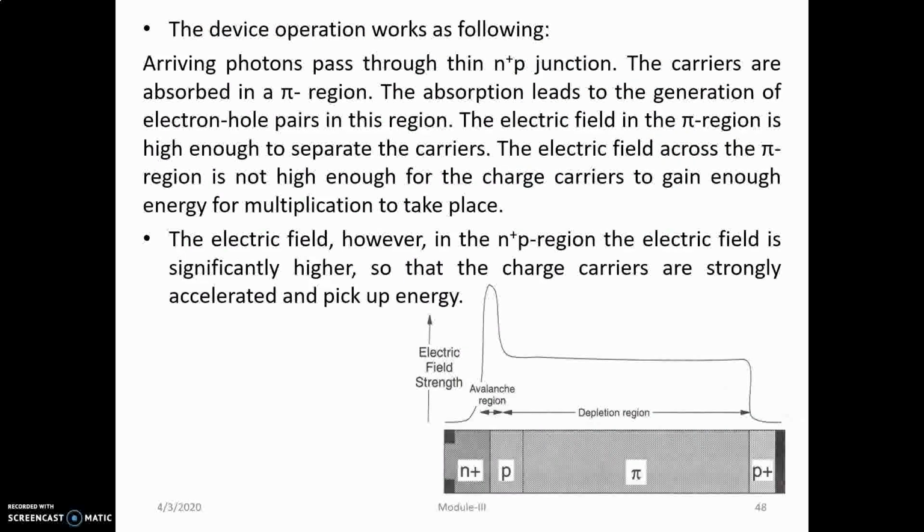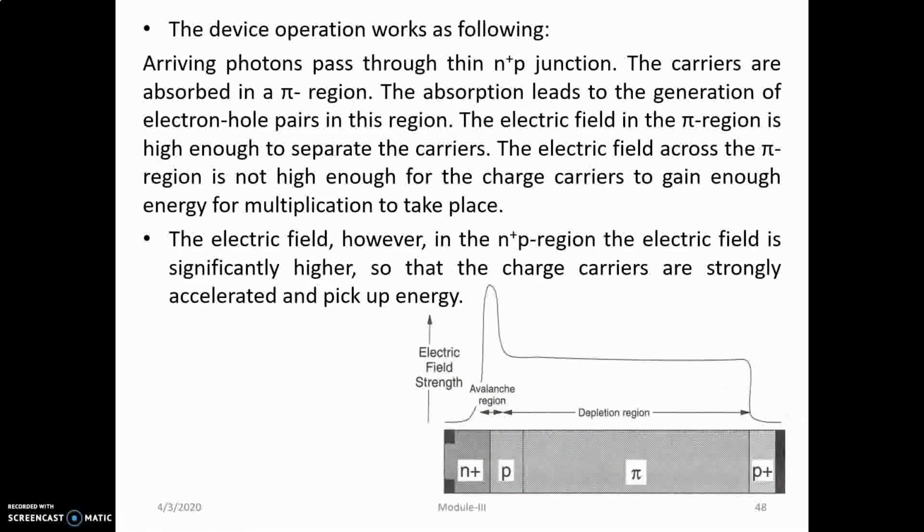So the device operation works as follows. The arriving photon passes through this very thin n plus and p region. Whatever light intensity falls onto the avalanche photodiode, that energy passes through this thin n plus and p region, and the carriers are absorbed in the pi region.